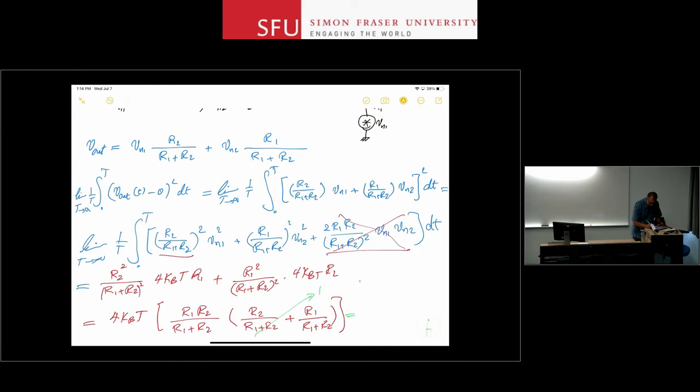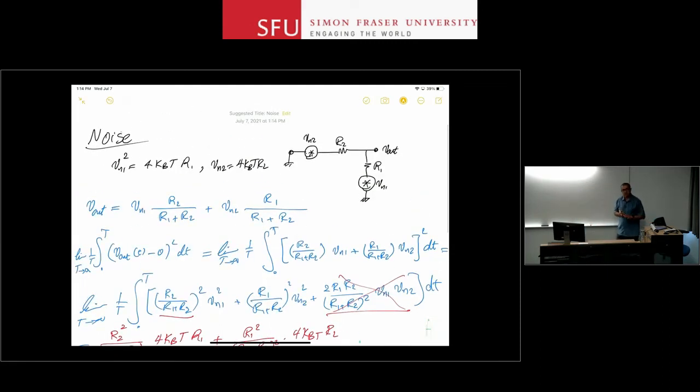So this is going to be 4 kBT R1 R2 over R1 plus R2. Okay? So that's the variance of the signal at the output of that circuit.